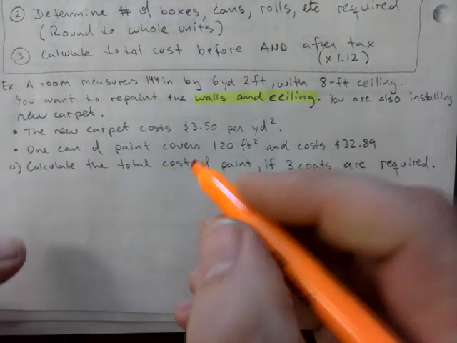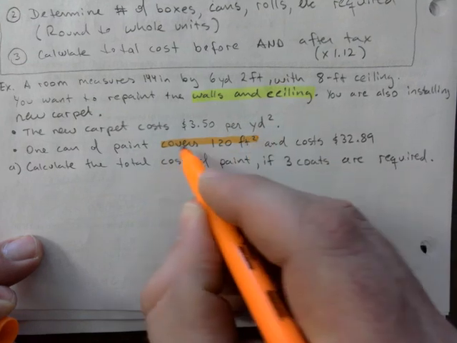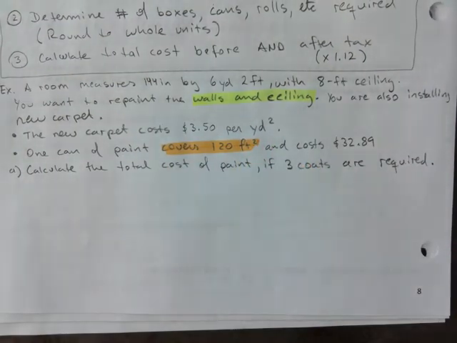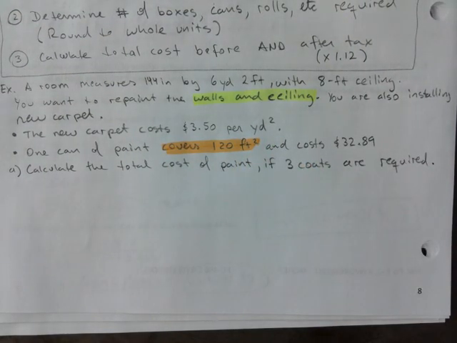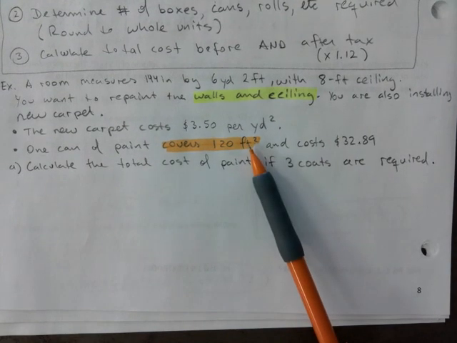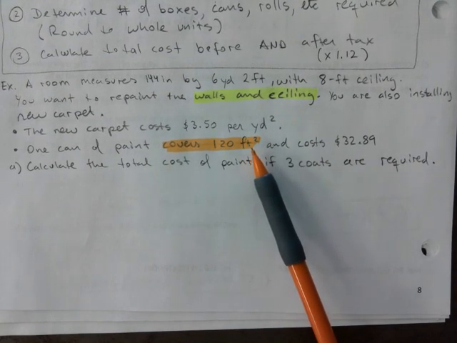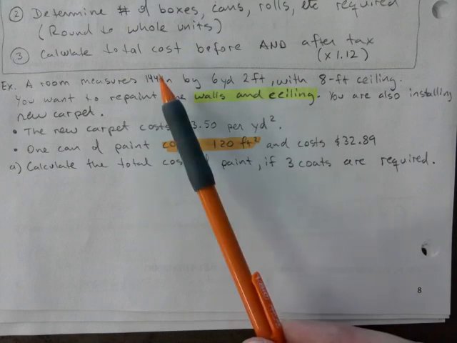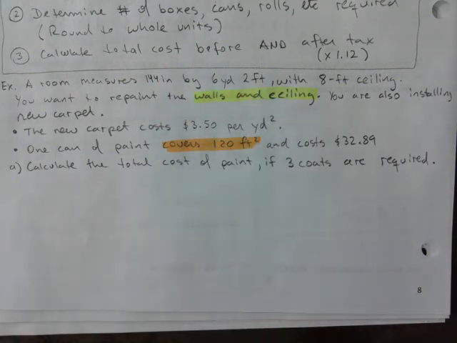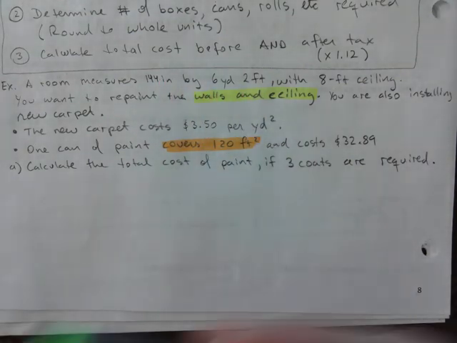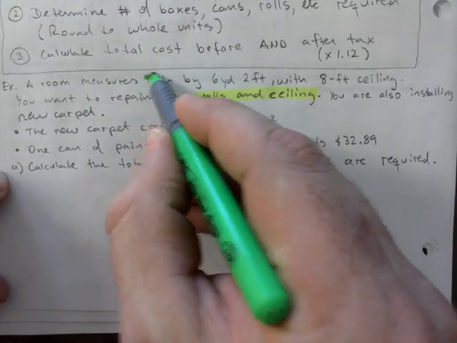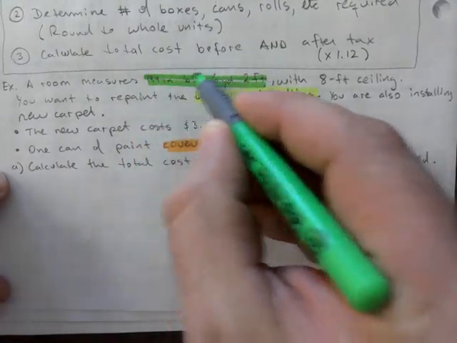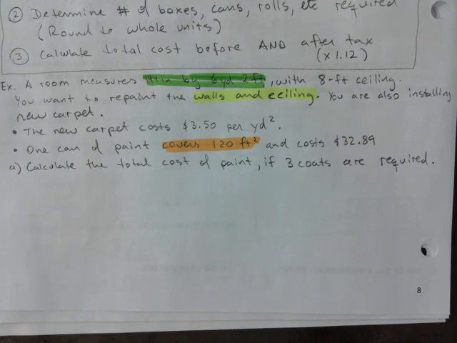It's telling us that it covers a certain amount of square feet. So that is my target unit. I don't know if you would agree with me, but that's the target unit. So I got to look at those measurements and convert accordingly before I do anything.